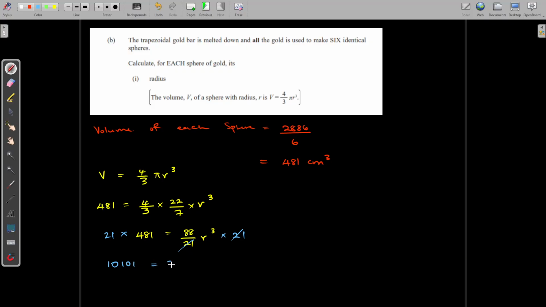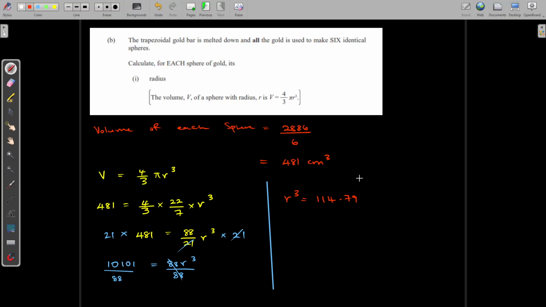So this is equal to 88 r cubed, divided by 88. What do you get? Give me some more decimal places.